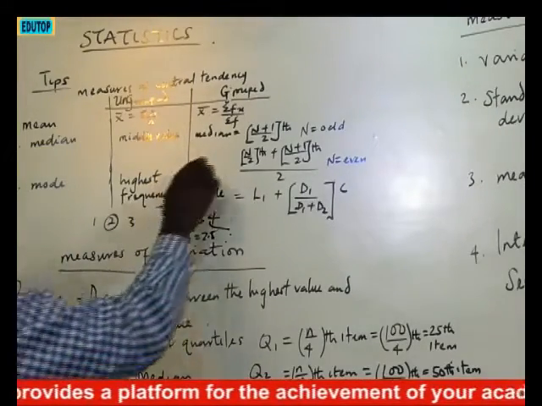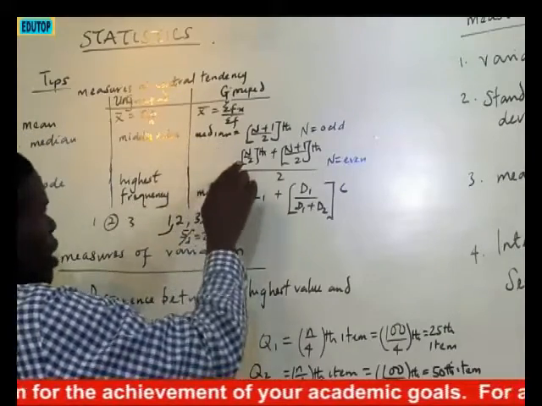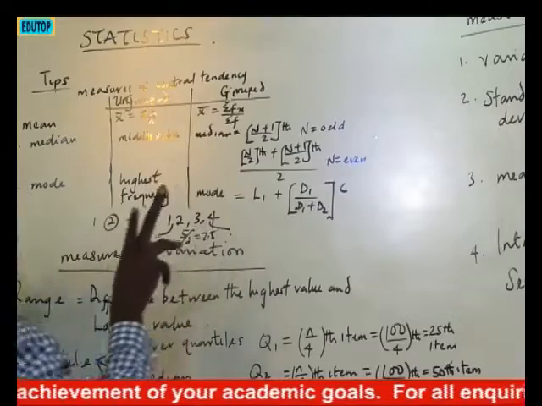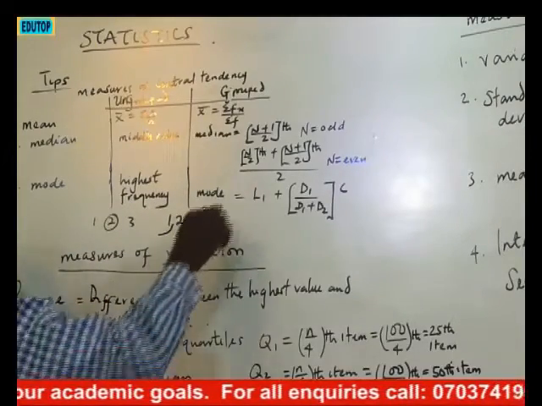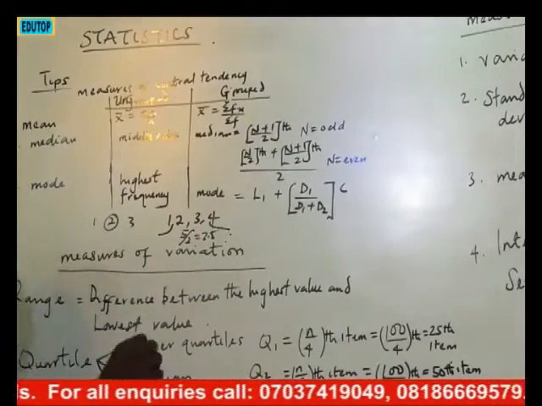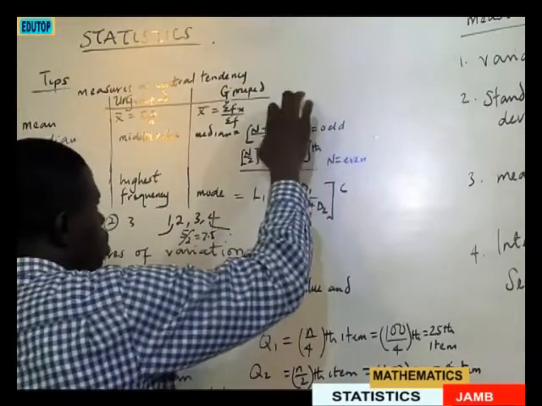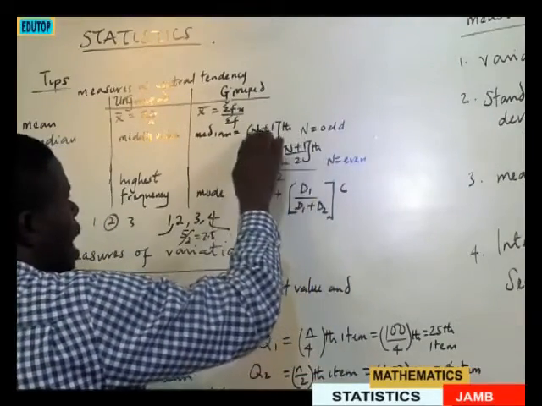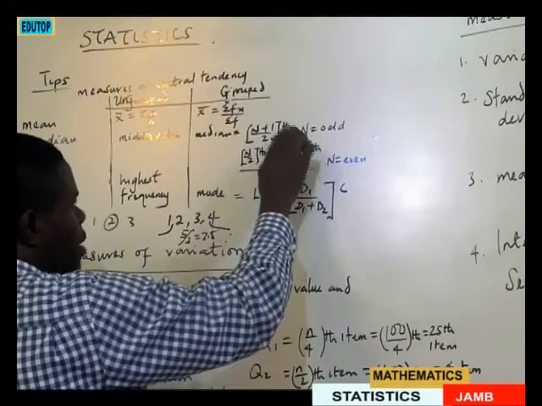But for grouped data, to determine our median, we have two ways of looking at it. It's either the number is odd or even. If the number is odd, the formula to apply is this first one: n plus 1 over 2, th.